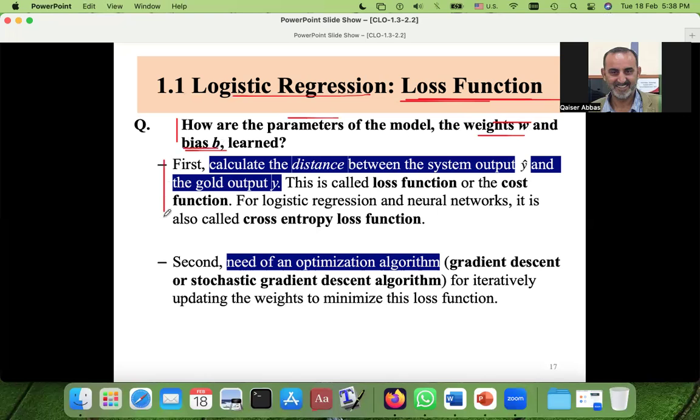We have a first point here, and then we have a second point here. The first point is saying that we can learn these weights by calculating the distance between the class predicted by the model and the class available in the data set. For example, if you remember the PIMA Indian diabetes data set, what were the columns there?